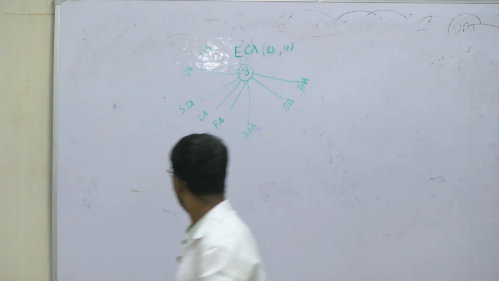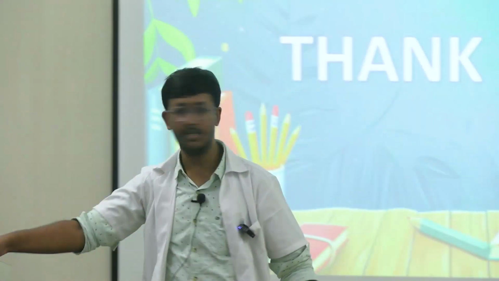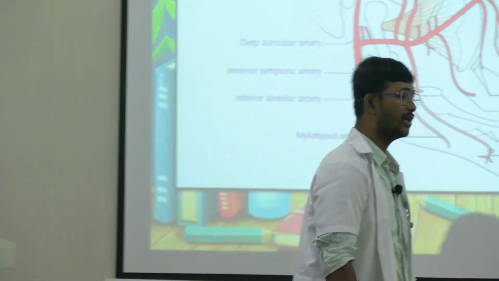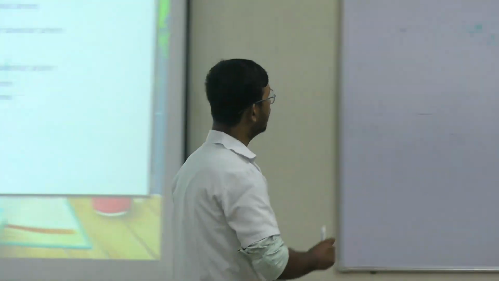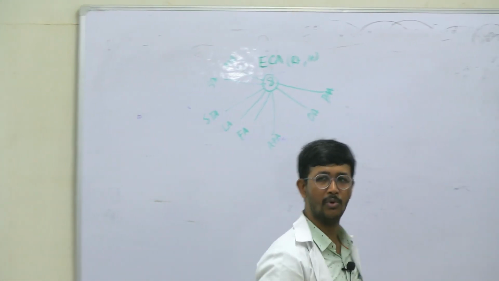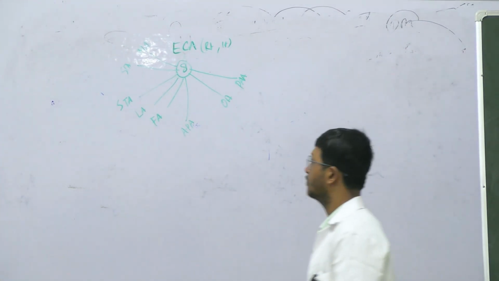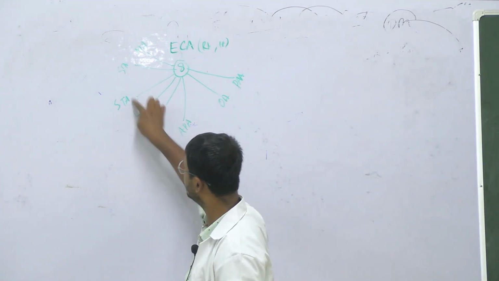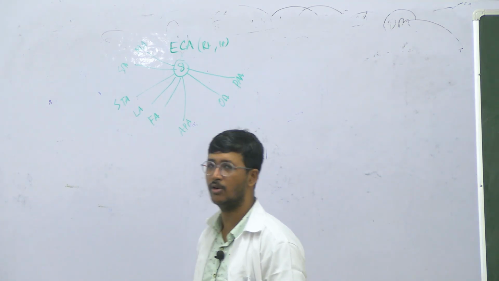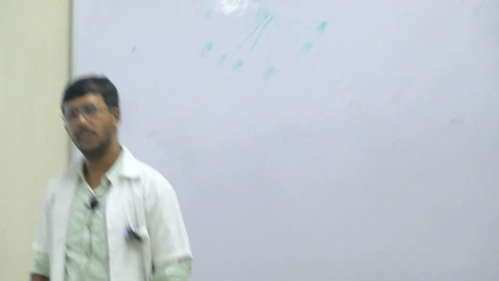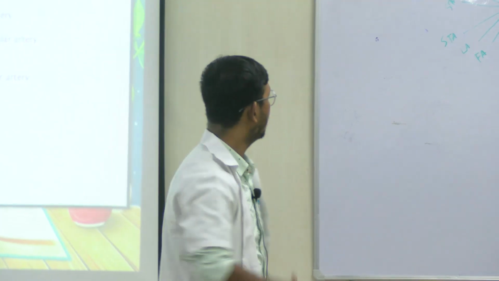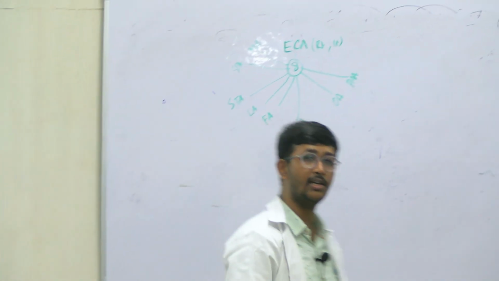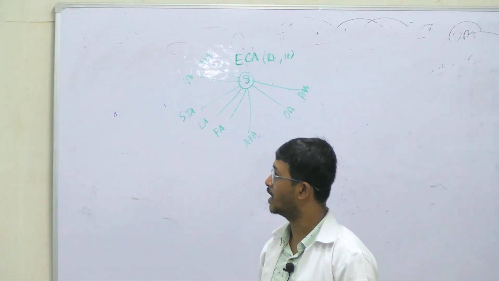Now all of these arteries will be giving further branches. As I have already mentioned, just try to remember up to this level. That will be more than sufficient, because other than this, each of the individual arteries will not be asked in the exam. After that, go through the individual arteries once and make a table.